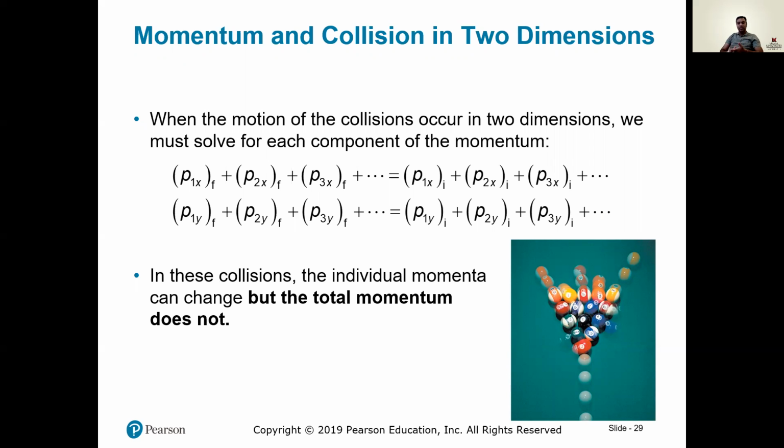So elastic collisions, inelastic collisions, no matter what kind of collision you deal with, you always have momentum conservation like this. The total momentum does not change. The individual momentums do change though. So this is elastic collision. The one that deals with inelastic collision would be basically two clay balls thrown at each other, or snowballs. They could also mimic inelastic collisions.